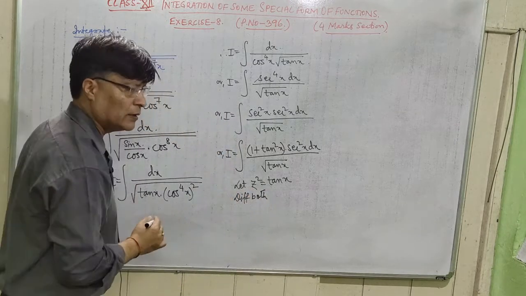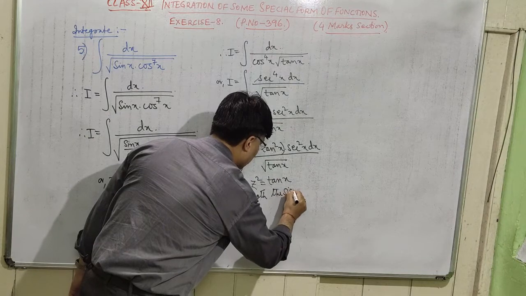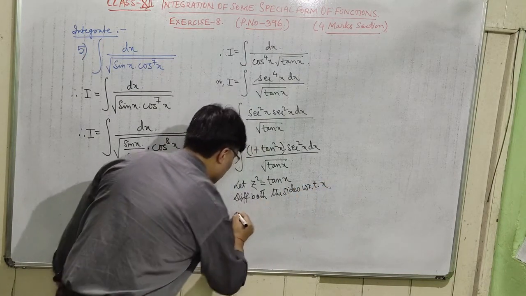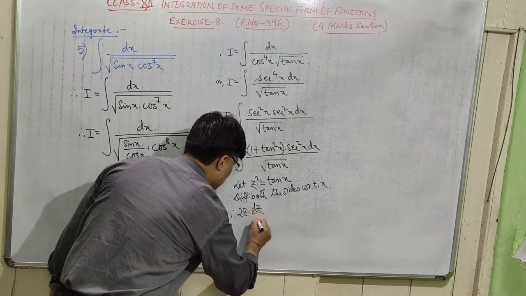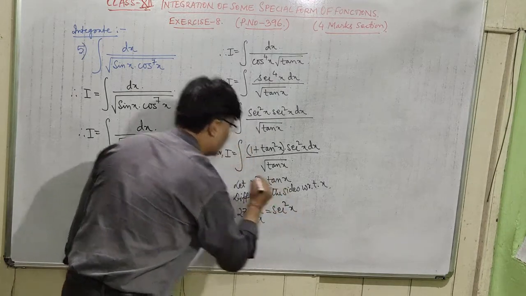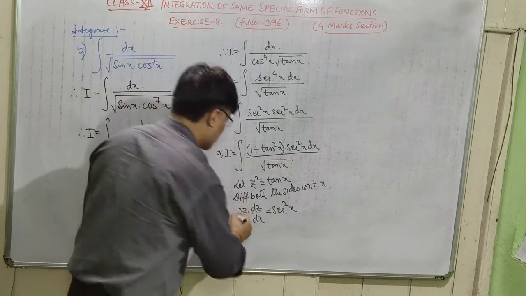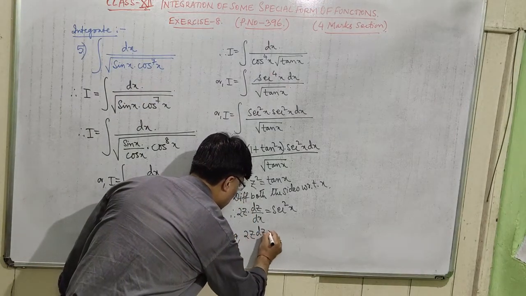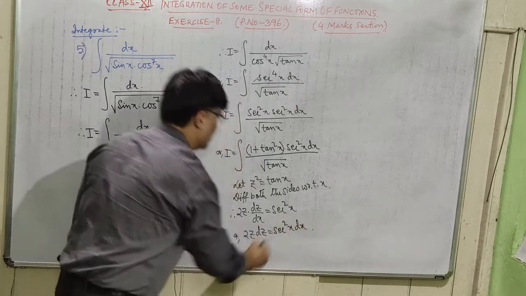Differentiating both sides with respect to x, it is 2z into dz by dx is equal to the differentiation of tan x, which is sec square x. Now let's do cross multiplication, or 2z dz is equal to sec square x dx.